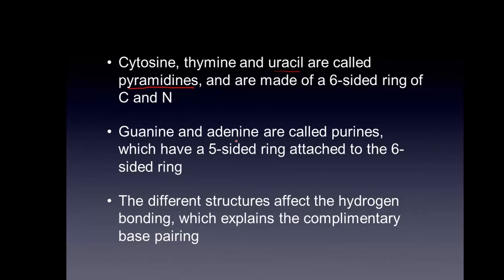And the guanine and the adenine, which are double rings, are called purines. Okay, and you remember that the C's and the G's complementary base pair, and the T's and the A's, or the U's and the A's if you're talking about RNA and DNA. So what we're saying here is a pyrimidine is always going to hydrogen bond with a purine.